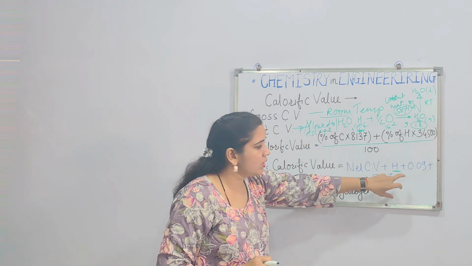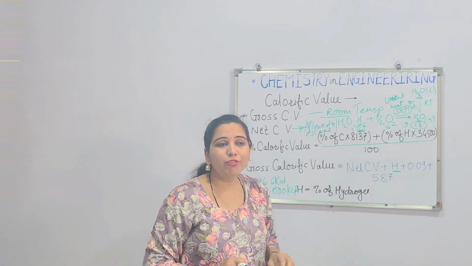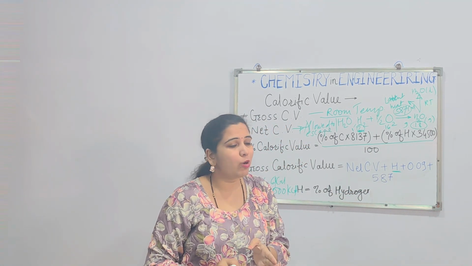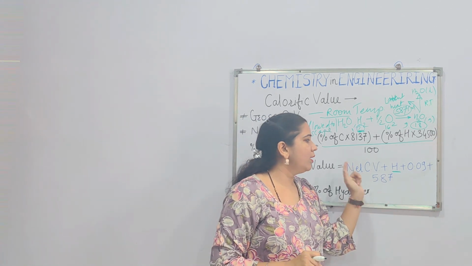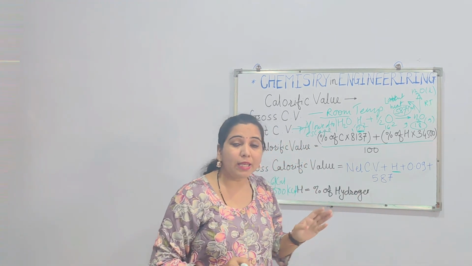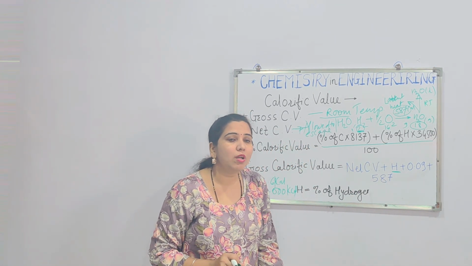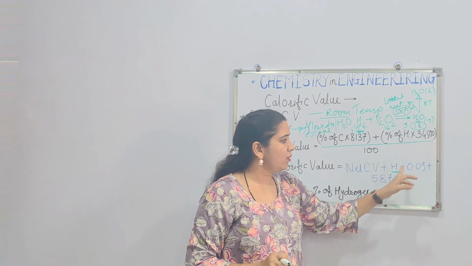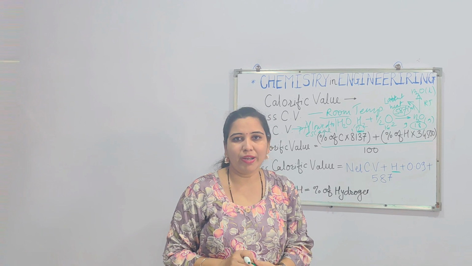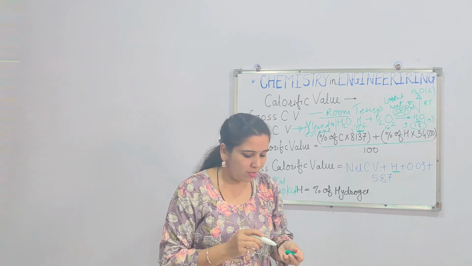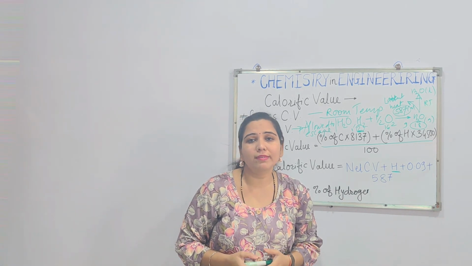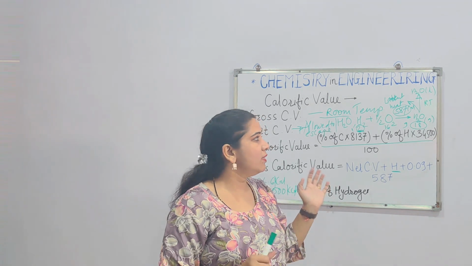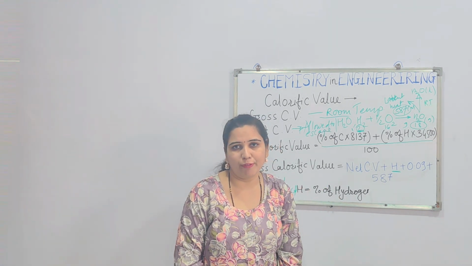If the problem is given in percentage of hydrogen, simply put the value here and write this equation. And if the value is given as mass of hydrogen, we simply write mass of hydrogen times 9 times 587. In this way, this is the relation between gross and net calorific value, and this is the study of calorific value.